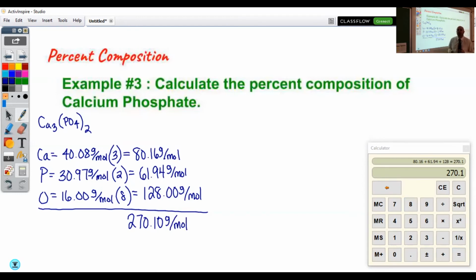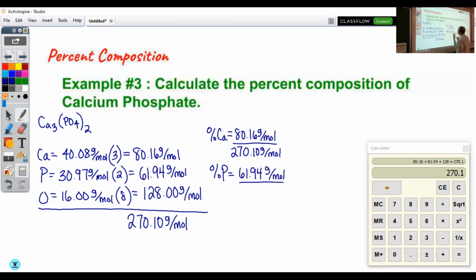Now we need to figure out the percent of each of our elements. So we'll put each of those over the total mass. So for the percent calcium, we'll get 80.16 grams per mole divided by 270.10 grams per mole. For percent phosphorus, we'll get 61.94 grams per mole over 270.10 grams per mole.